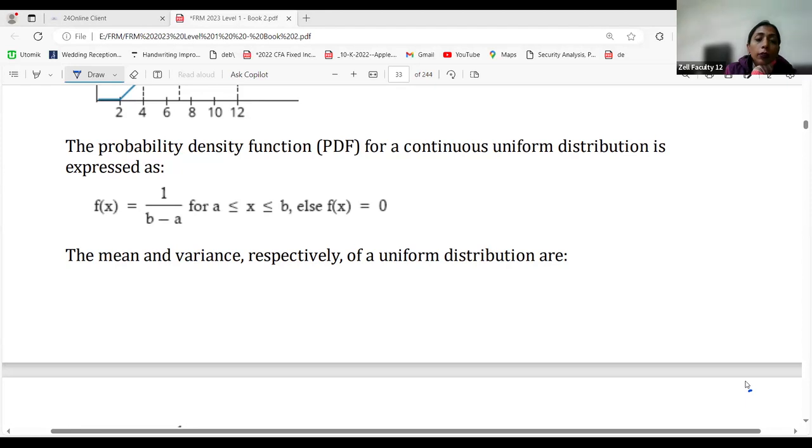So you did 1, 2, 3, 4. 4 gaps are there. How did you find 4 gaps? You did 6 minus 2. What is 2 here? A. And what is 6 here?